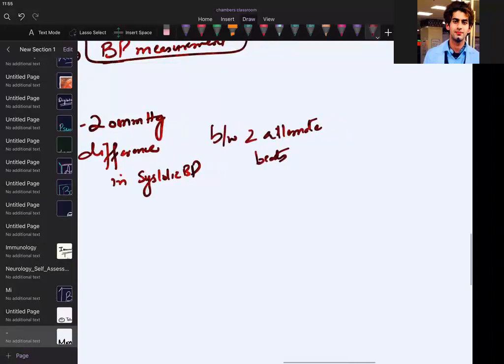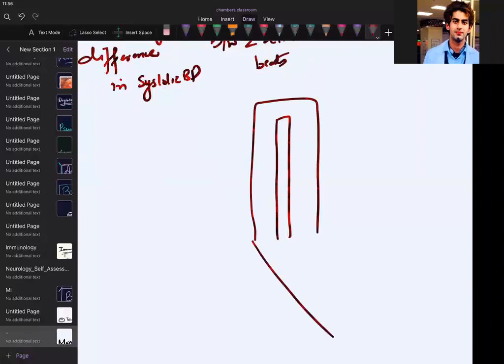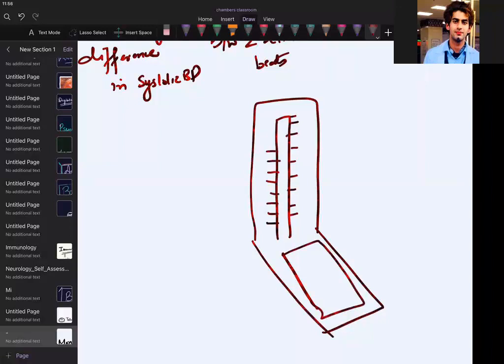For example, this is the column of mercury on the BP machine, and these are the markings. I'll be teaching you the practical BP measurement in the next class. What you do is build up the pressure.